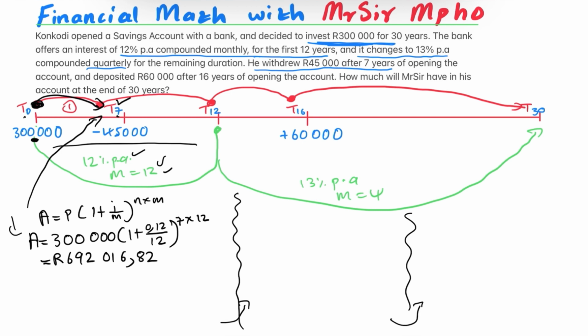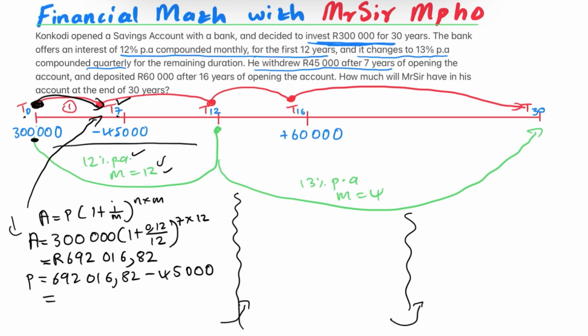Remember, I said you grow, then you make the change. You grow, then you make the change, just like that, okay? We've grown our money from T0 to T7. Now I have to subtract 45,000 rand. So my new P will be 692,016.82 minus 45,000 rand, which is going to be my new principal value for the next growth.